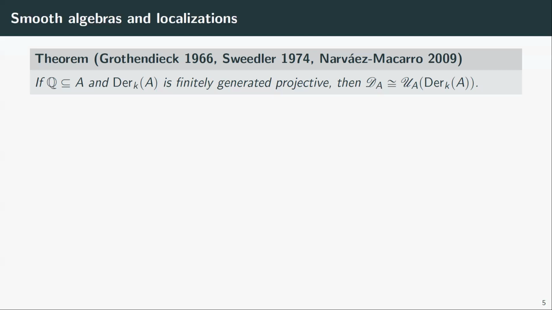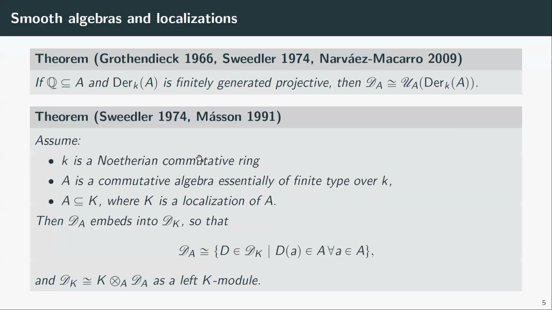Another way to determine the ring of differential operators is to use extensions. So we embed A into an extension K, and then we use the differential operators on K to determine those of A. This theorem is by Sweedler and Masson, where we use localizations as extensions.